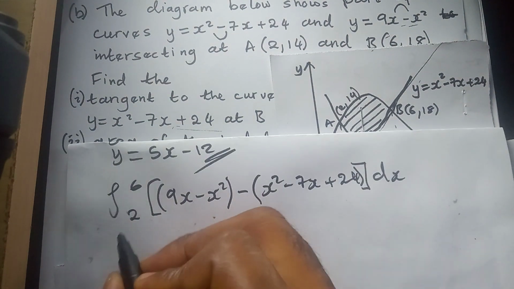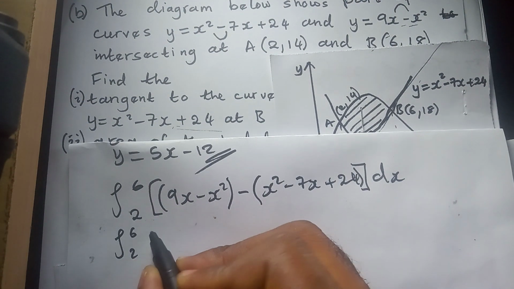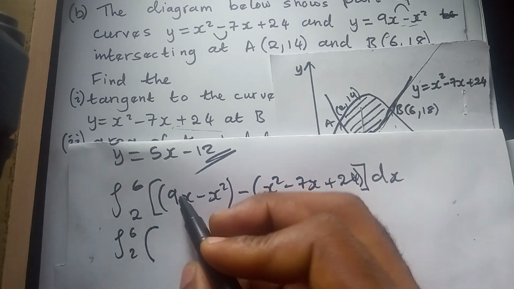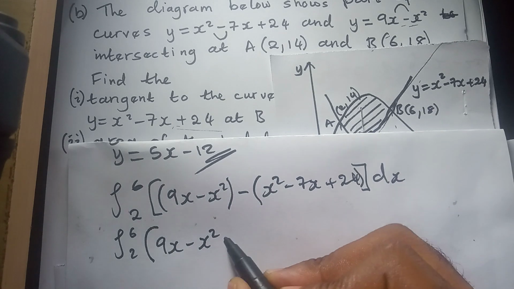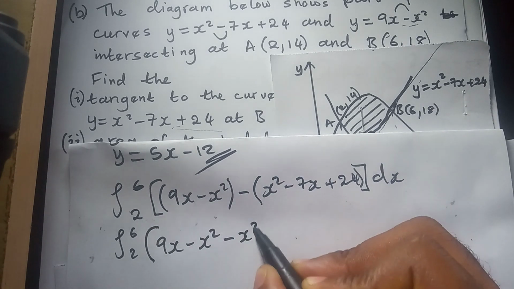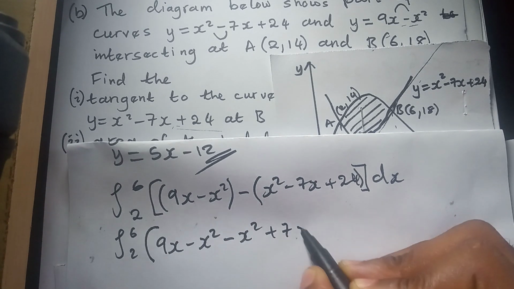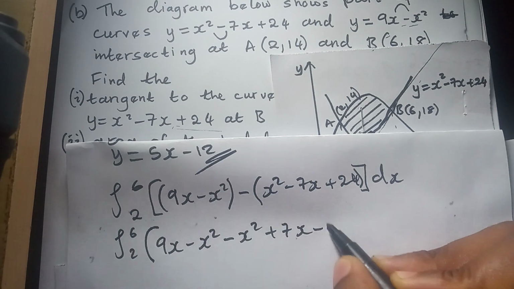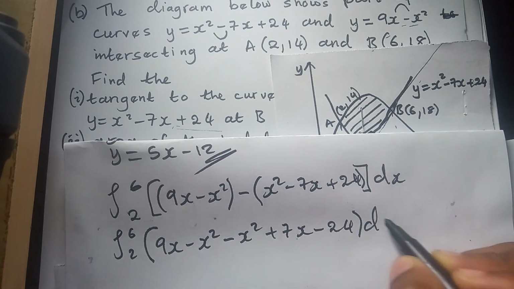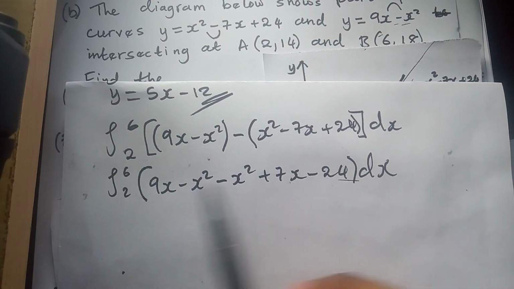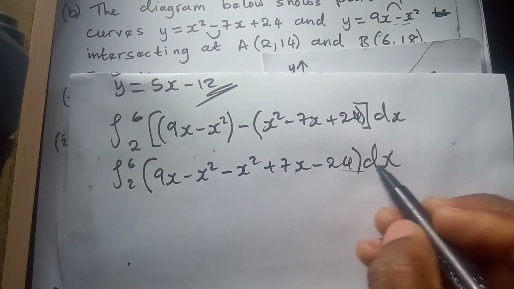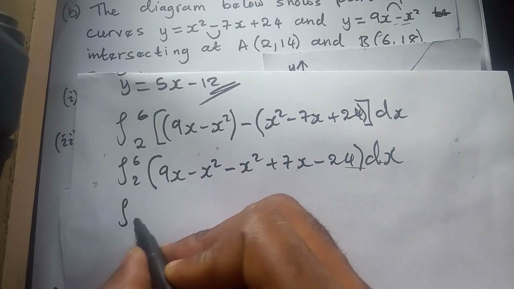So now this is 6, 2, and then we can say 9x minus x squared. We expand this side, we have minus x squared plus 7x minus 24 dx. Remember, when you have a polynomial, you always put it in brackets and then you put the dx outside.